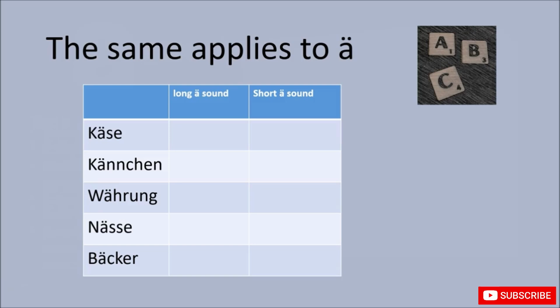And again, I will reveal the answer, so please pause if you're not ready. Käse, which is long. Kännchen, short. Währung. Nässe. Bäcker. Well done if you've got that.